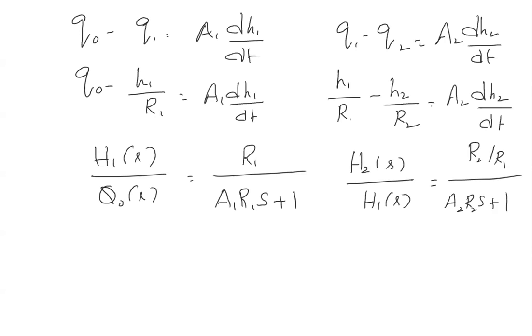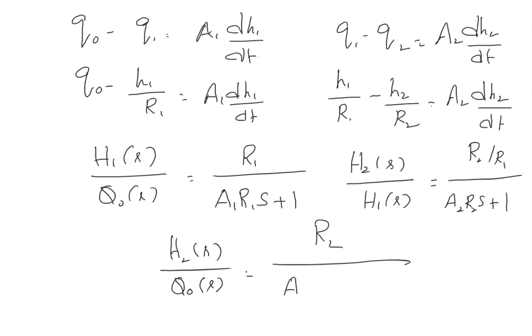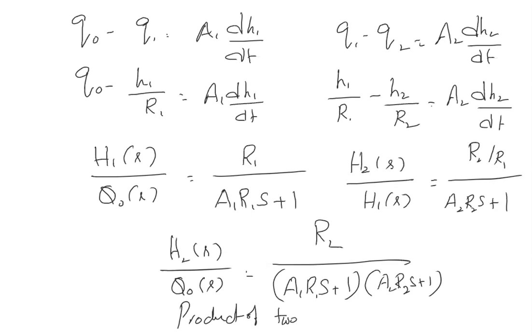Now what is H2 of S by Q naught of S? It is nothing but the product of individual transfer functions. That is R2 by (A1 R1 S plus 1)(A2 R2 S plus 1). So basically it is the product of two individual transfer functions.